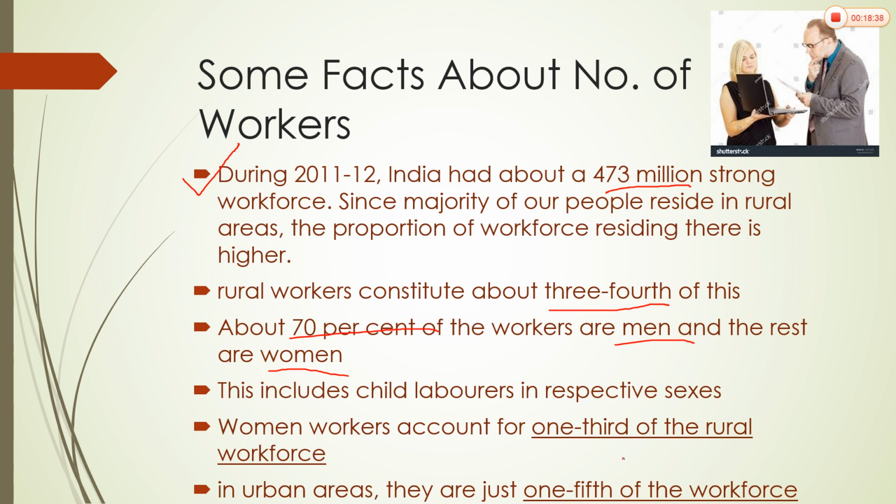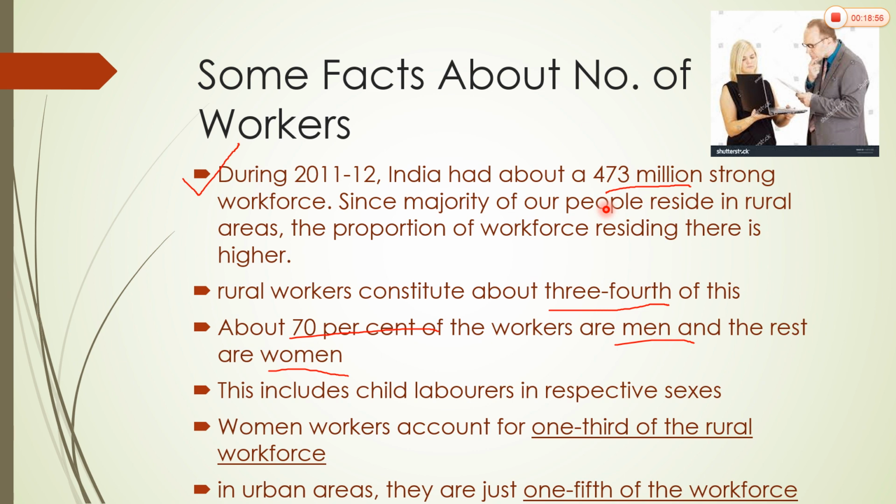So, taking all the facts once again, during 2011-12 we had a 473 million strong workforce, and out of this, the majority is in rural areas because the majority of people live in rural areas.